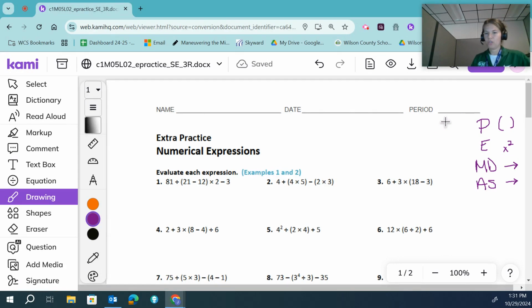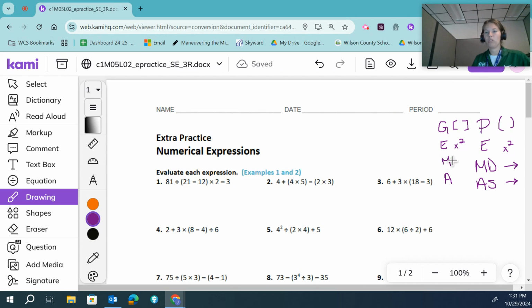Another way to remember this is GEMMA, G-E-M-A. G stands for grouping symbols, so that's your brackets, your parentheses. All of those grouping symbols go in that same spot. E stands for exponents, the same as it does in PEMDAS.